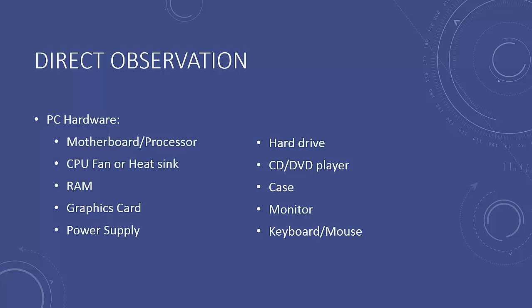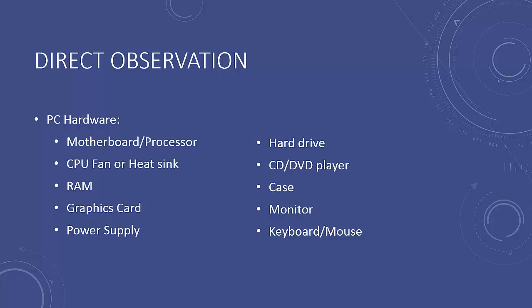And the next part that's very important to the processor is the CPU fan or the heatsink, and now you'll need thermal paste to connect the fan or heatsink to the processor, because that actually keeps the processor at a reasonable temperature, because the processor gets really hot, and if you don't have a fan or a way of cooling it down, it can overheat and eventually destroy the computer entirely.